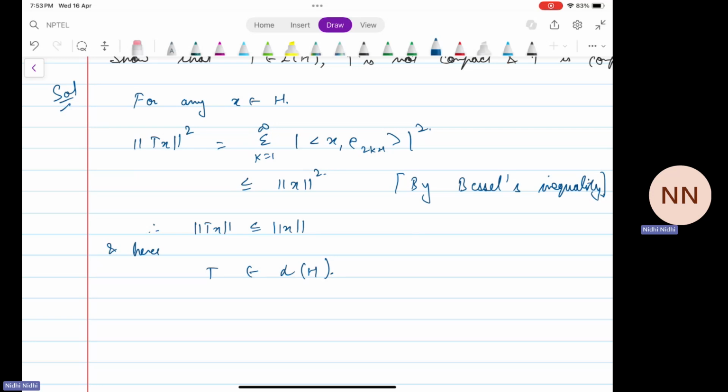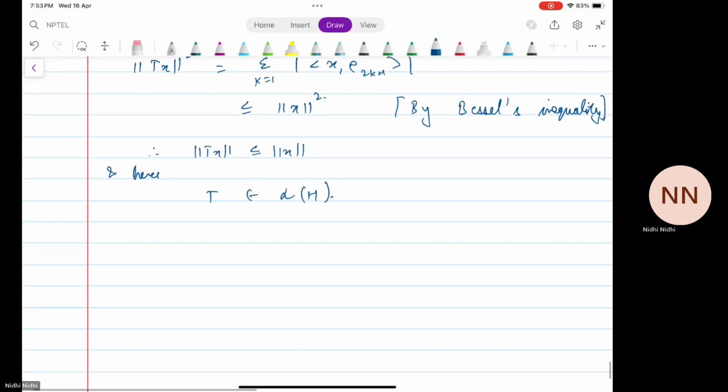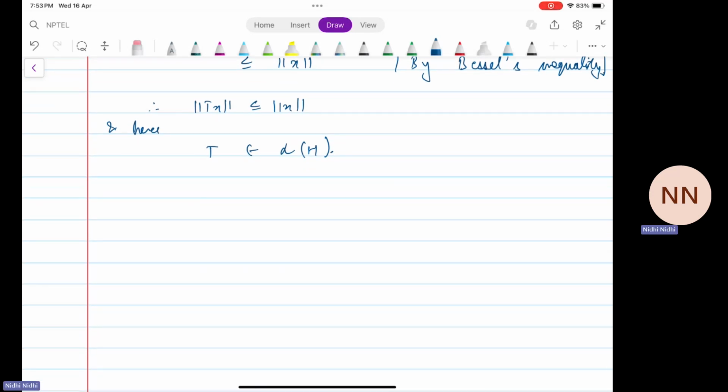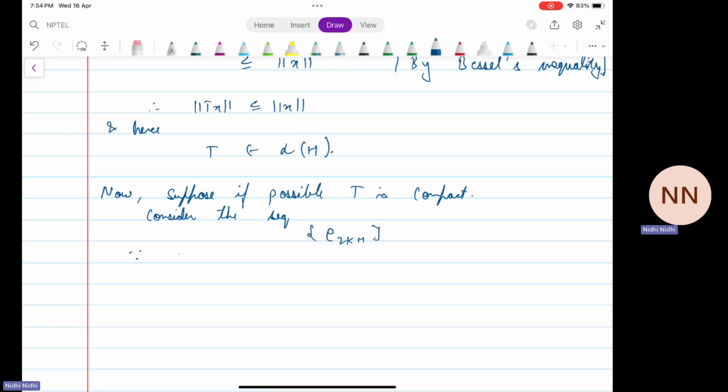Now suppose, if possible, T is compact. Consider the sequence e_{2k+1}. Since it is an orthonormal basis, its norm is 1 for every k in N. This implies it is a bounded sequence.